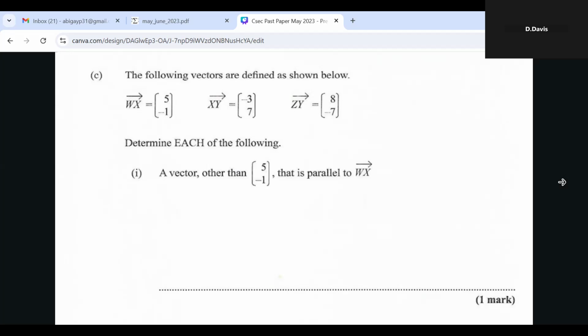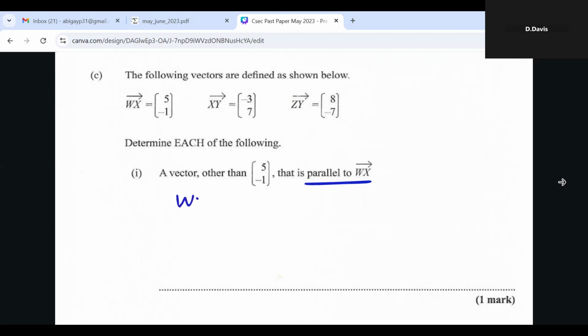All right, so the following vectors are defined as shown below. As you can see, determine each of the following. A vector other than 5, -1 that is parallel to WX. So parallel can mean twice.